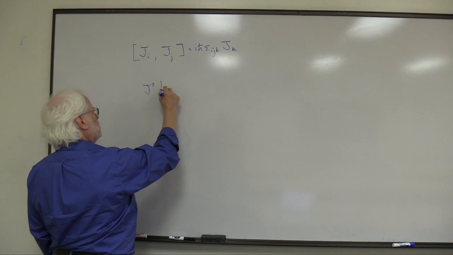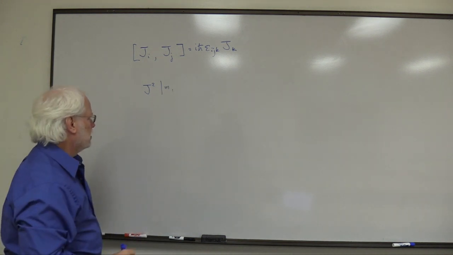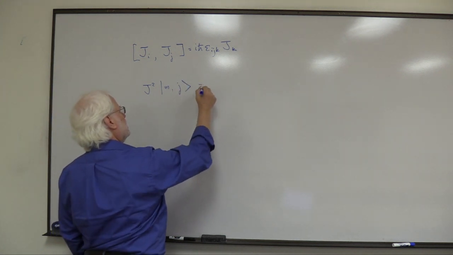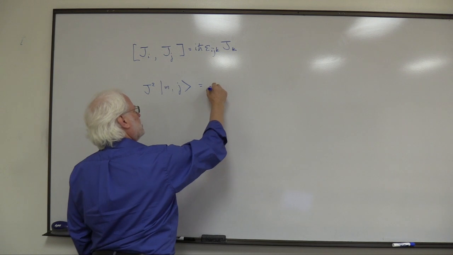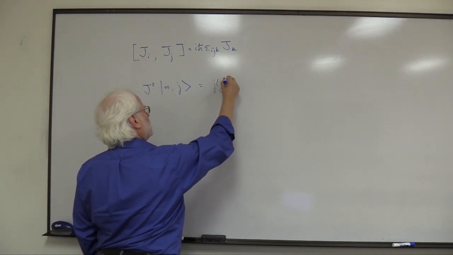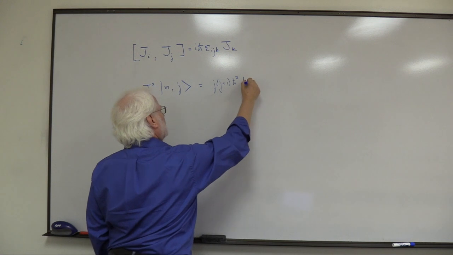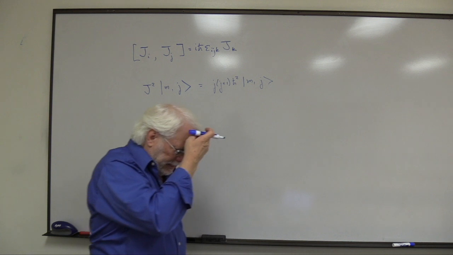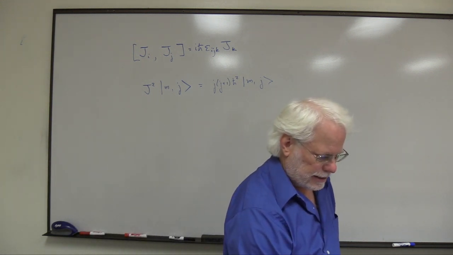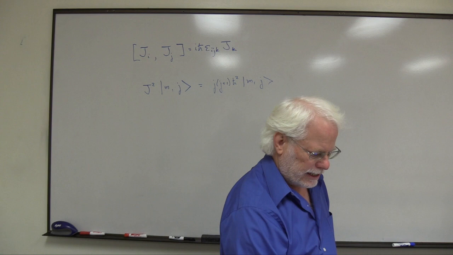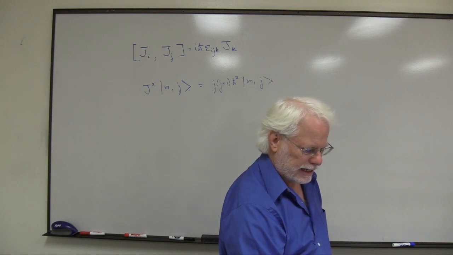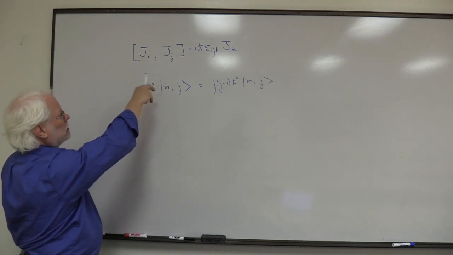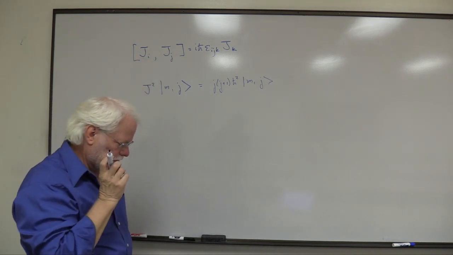So in addition to mass, which again I'll talk about later, there's a quantum number j such that J squared acting on the state gives j(j+1) ħ squared times the state. Basically, because this is a Casimir operator, we know we can diagonalize it. This operator commutes with all of the J's.